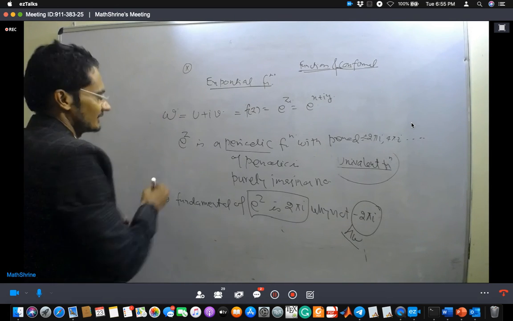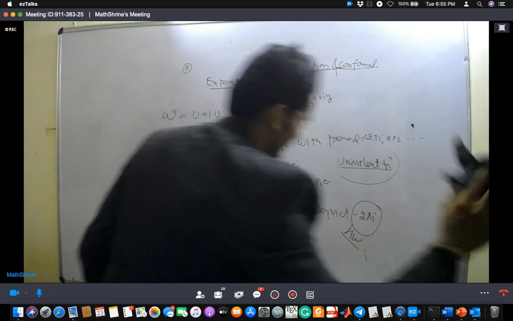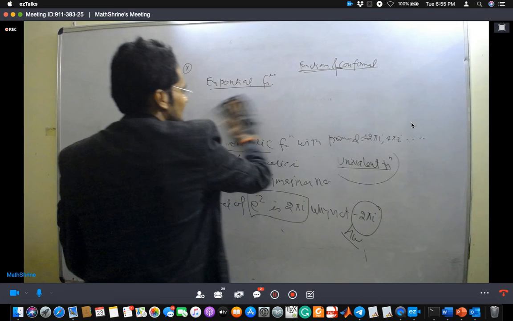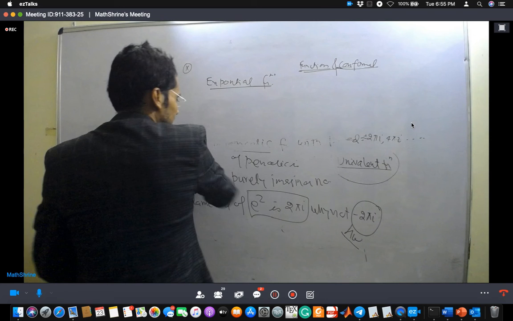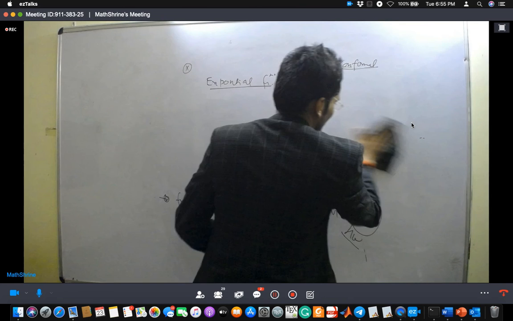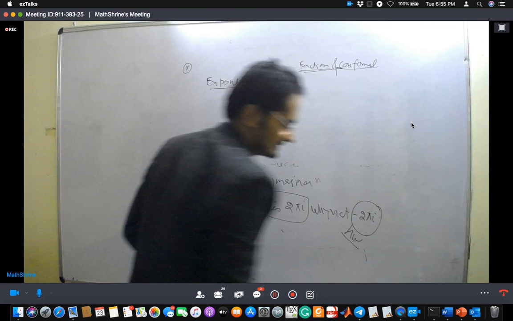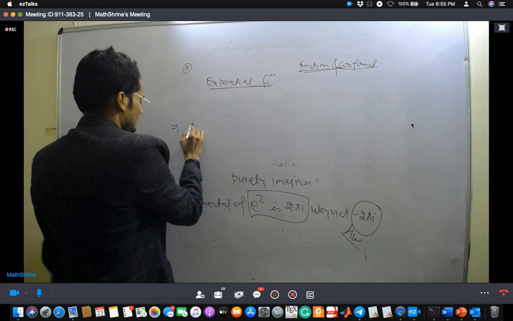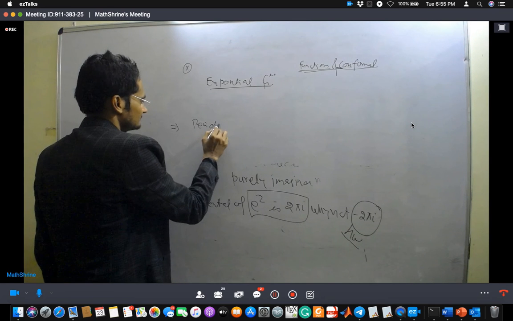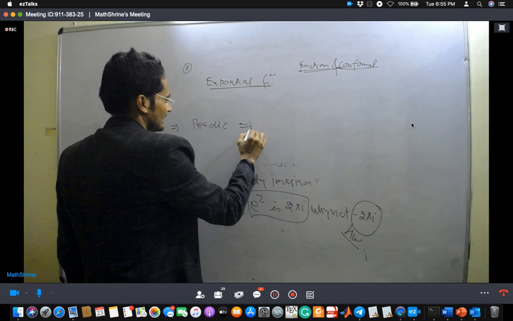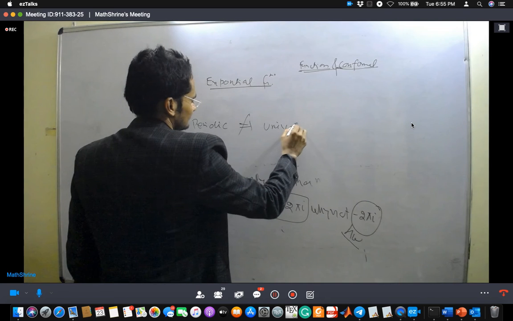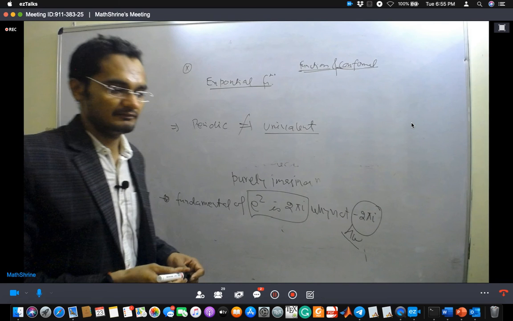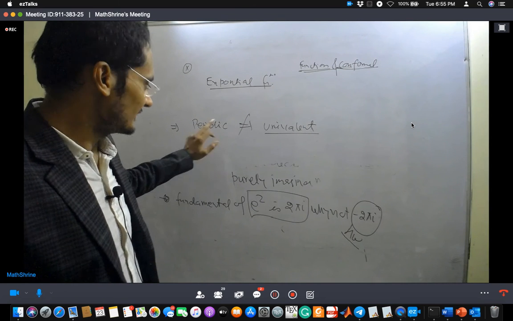So we can say if a function is periodic, it cannot be univalent, because periodicity means it's repeating. Okay, now we are going to look at the univalent exponential function.